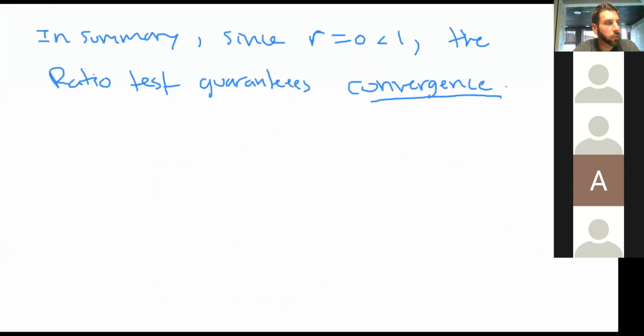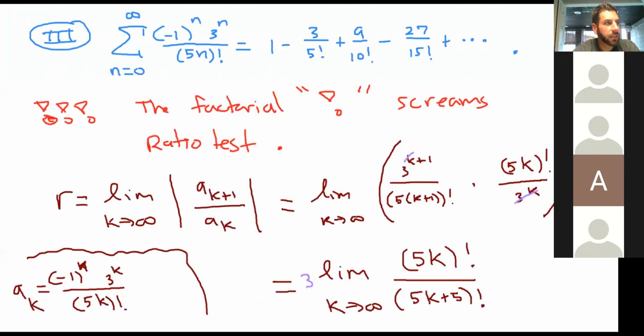If we go back to when we wrote out the first few terms, let's just look at this. Look at the first two terms: it's 1 minus 3 over 5 factorial. Notice how accurate I am. Let me share this with you.